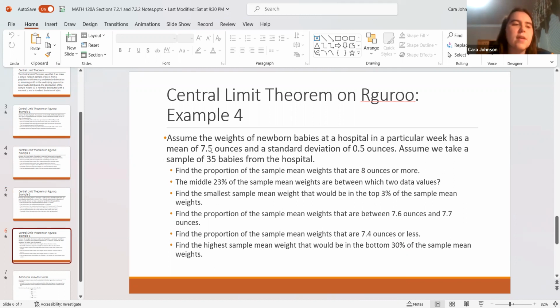Our mean is going to be 7.5, and our standard deviation is going to be 0.5 over the square root of 35, since we're talking about sample means. All right, so let's go ahead and go to Rguroo now.